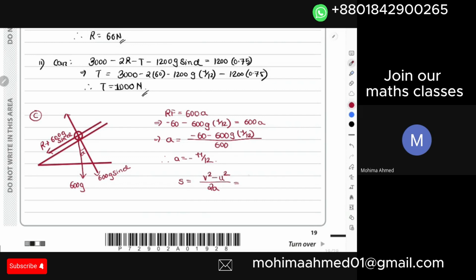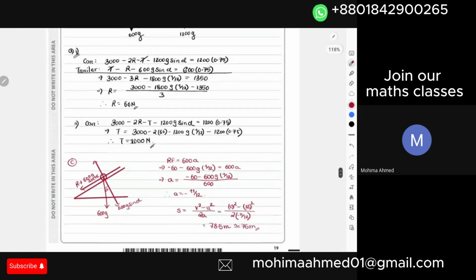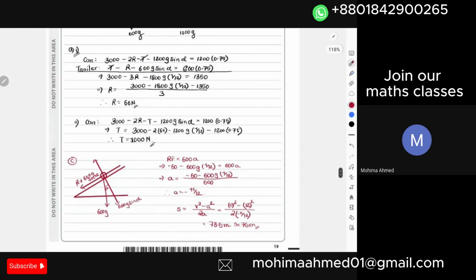So we input the values: 0 square minus 12 square, divided by 2 times minus 11 by 12, and that gives you a displacement of 12 square to 11 by 12. So you get 78.54 meters. So you can write 78.5 meters or approximately 76 meters will also be accepted. Right? So this is all the work you need to do for your part C.